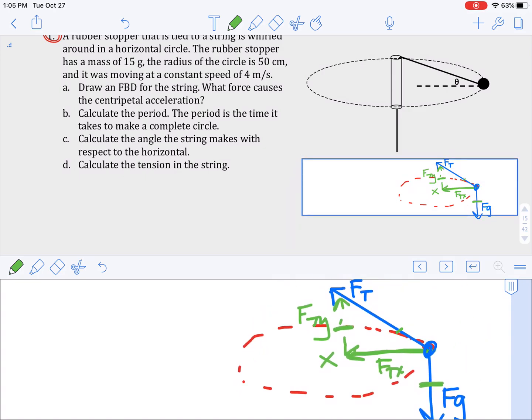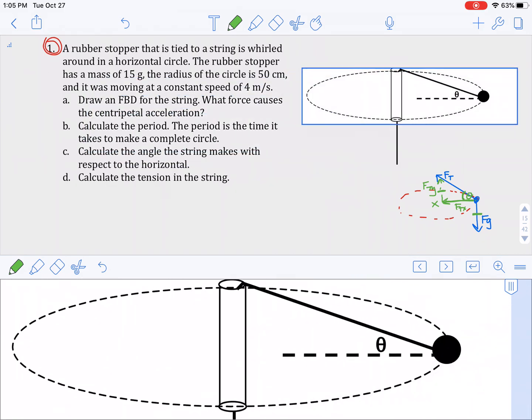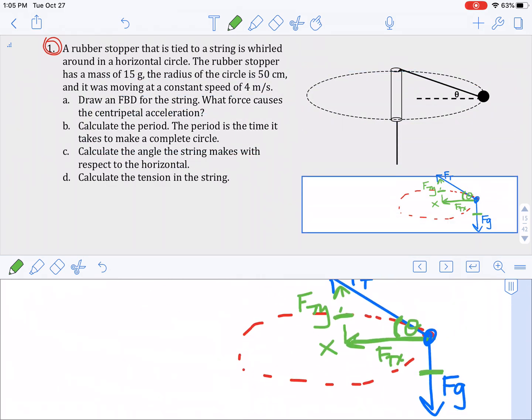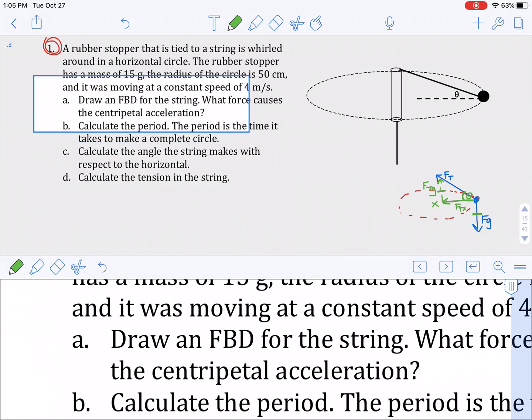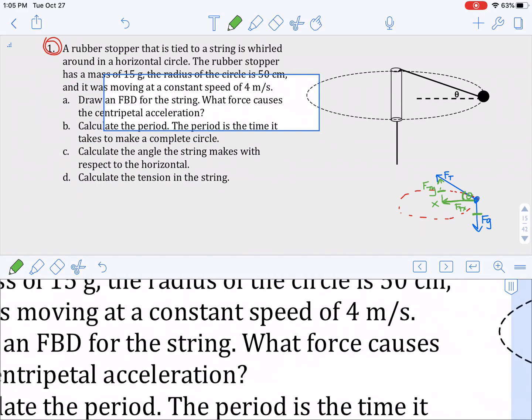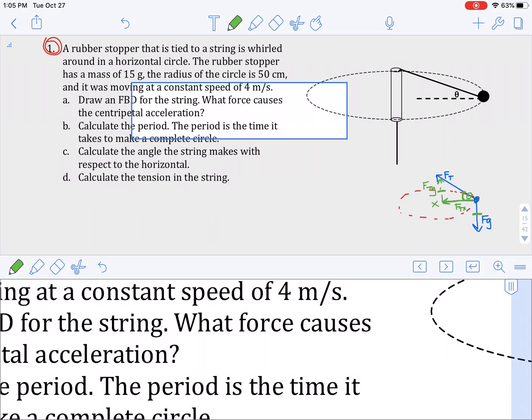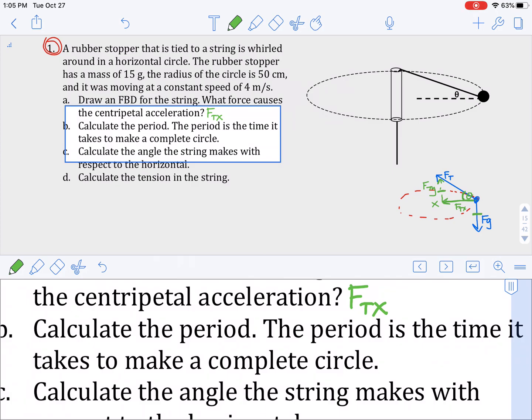So I want to determine this angle. That's my goal, and I can tell that it's there because of my diagram. So I drew an FBD for the string. What force causes the centripetal acceleration? FTX.